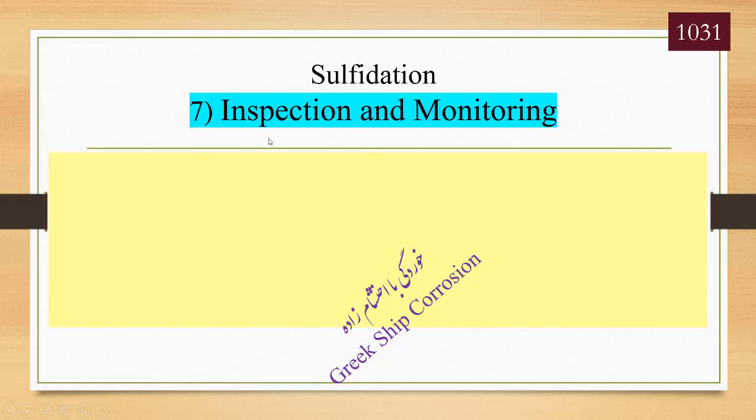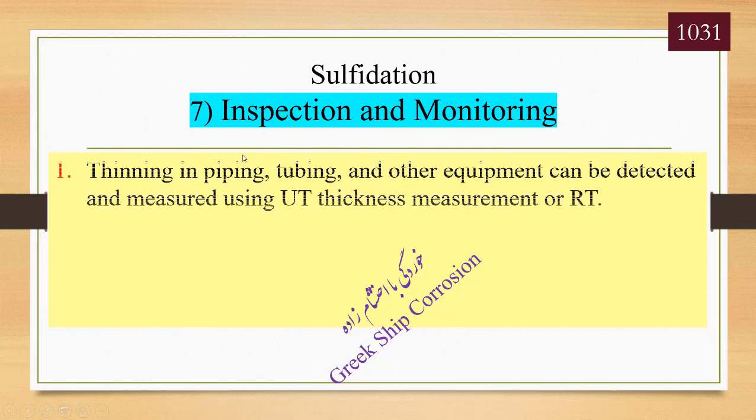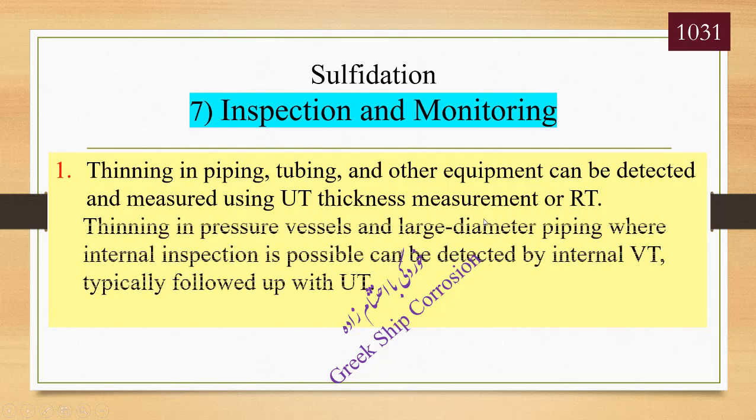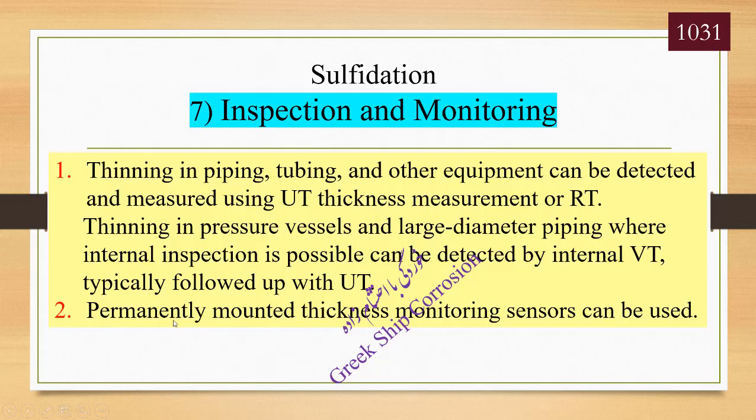7. Inspection and monitoring. 1. Thinning in piping, tubing, and other equipment can be detected and measured using ultrasonic testing, thickness measurement, or radiography testing. Thinning in pressure vessels and large diameter piping where internal inspection is possible can be detected by internal visual testing, typically followed up with ultrasonic testing. 2.